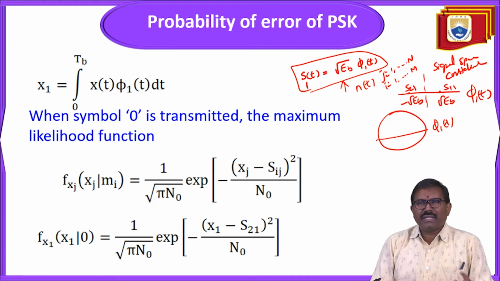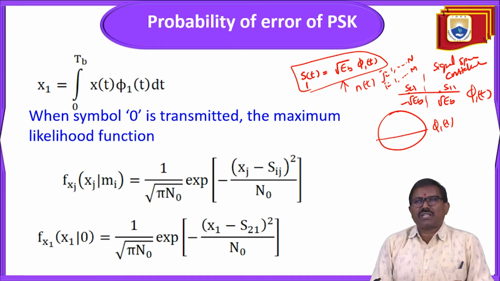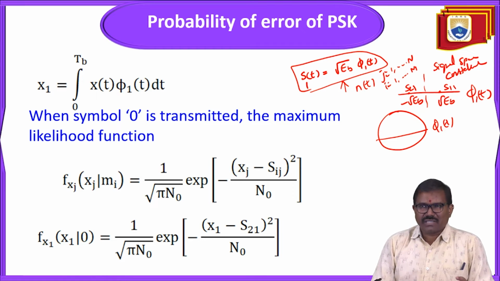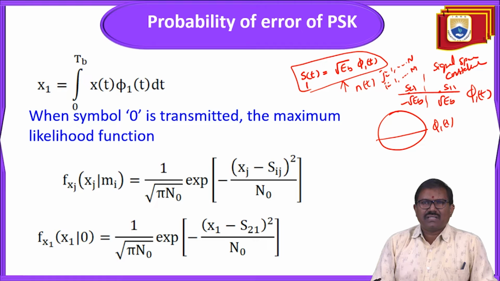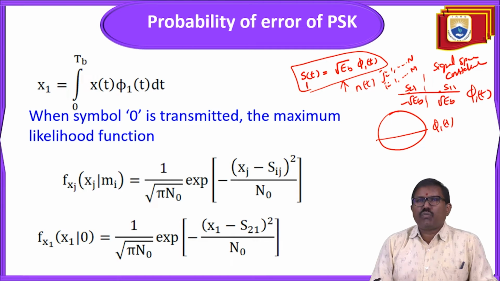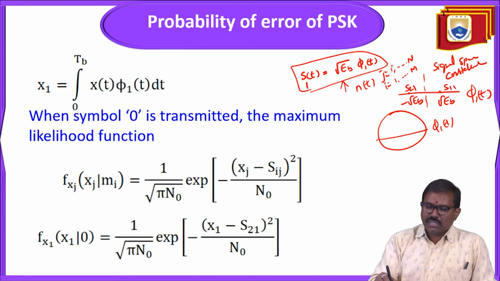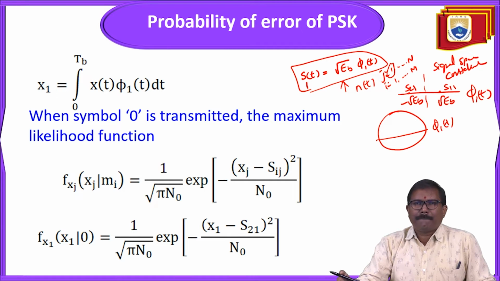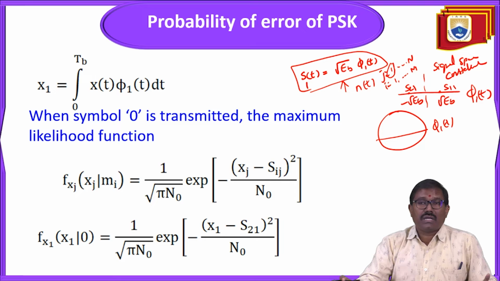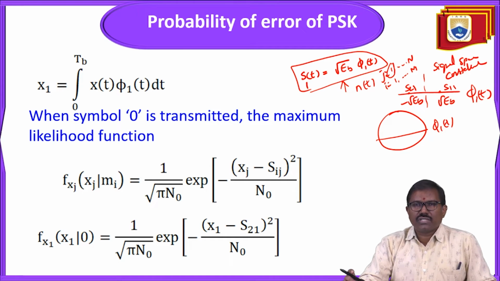So when 0 is transmitted, I am going to rewrite this maximum likelihood function as f of x1, why? My j is 1, only one basis function. So x1, given mi, the message symbol we sent. Here the symbol sent is 0.